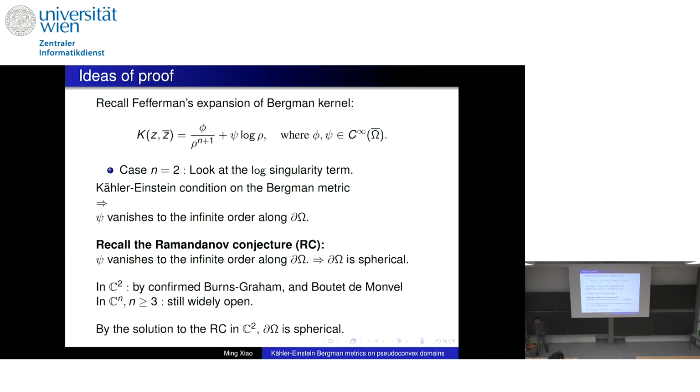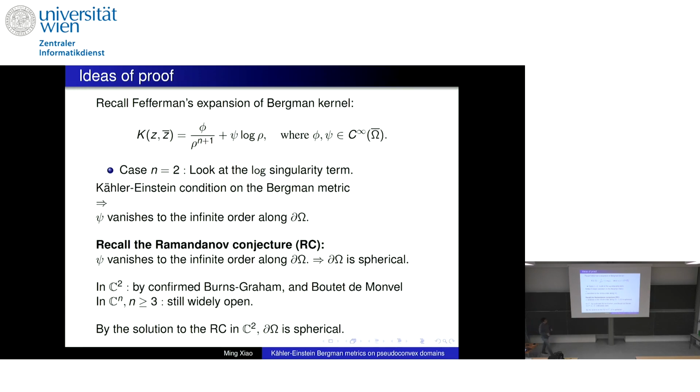In the two-dimensional case, from Fefferman's expansion, we can see the Bergman kernel possesses two types of singularity. One is the log singularity, and one is the rational type singularity. To approach Cheng's conjecture in the two-dimensional case, the right idea is to look at the log singularity term, that is this psi term.